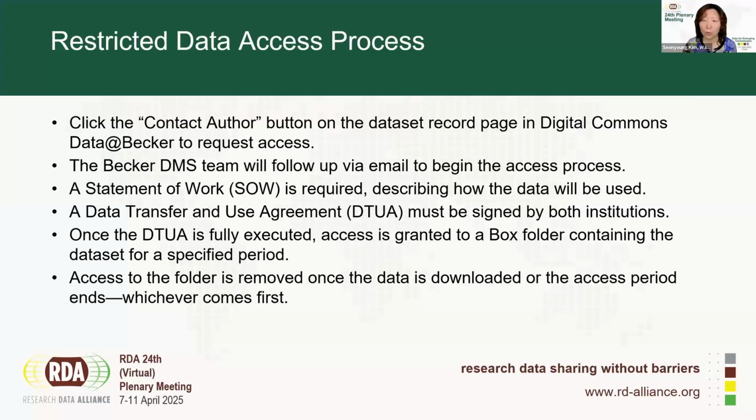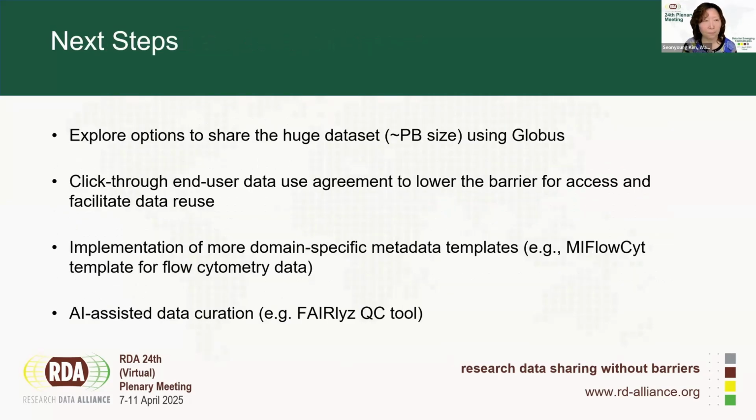If they do go through and have an institutional signature, then the DTUA is fully executed and access is granted to a Box folder, not the Digital Commons Data Packer, for a specified period, not forever. And once they download, we close the loop. So it's a much more controlled manner, and it protects the privacy of the restricted data.